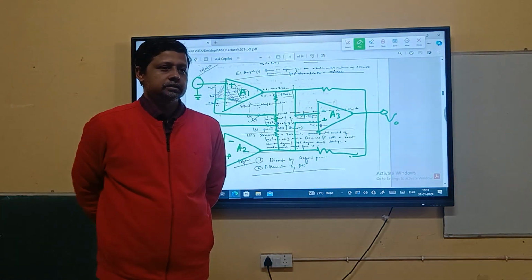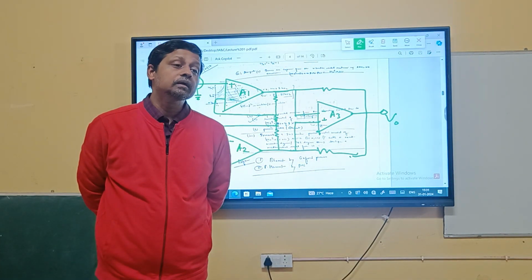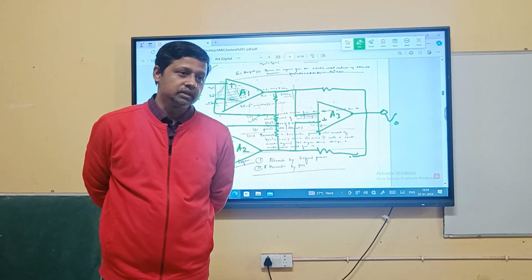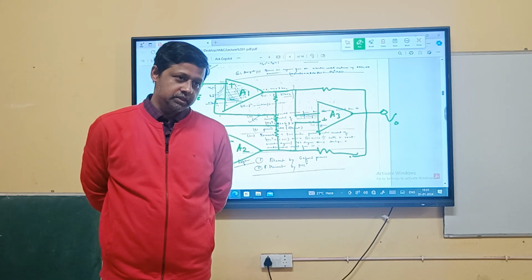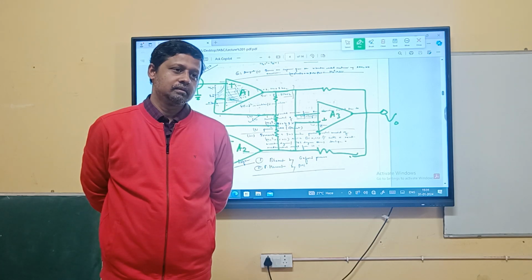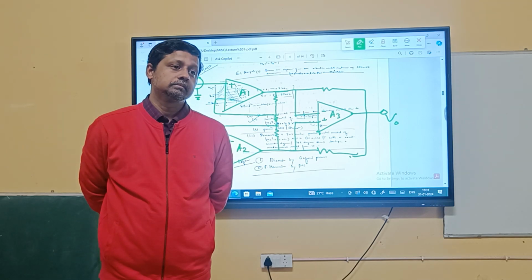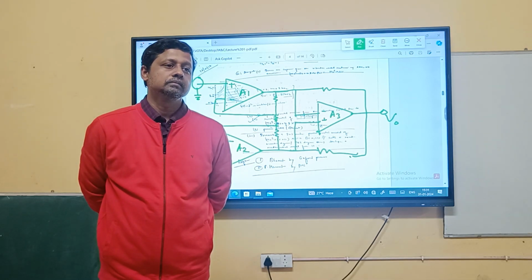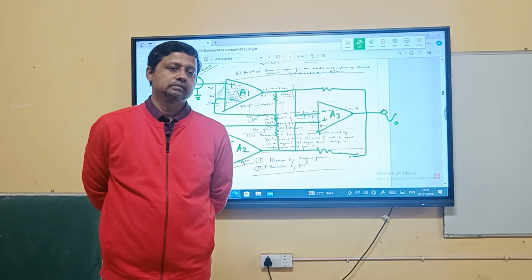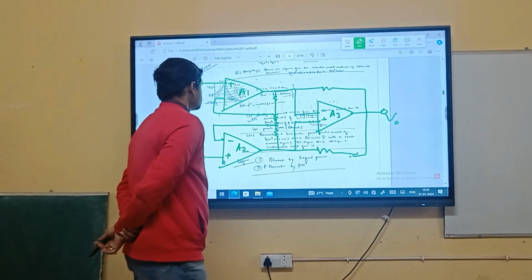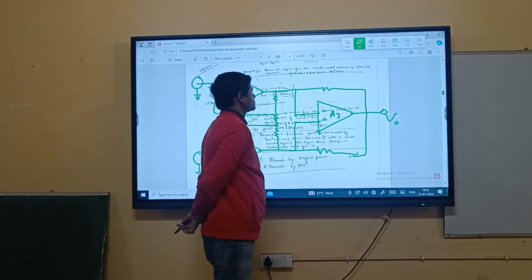What kind of amplifier is it? Operational amplifier. Which kind of operational amplifier is it? Why are you not focusing here?